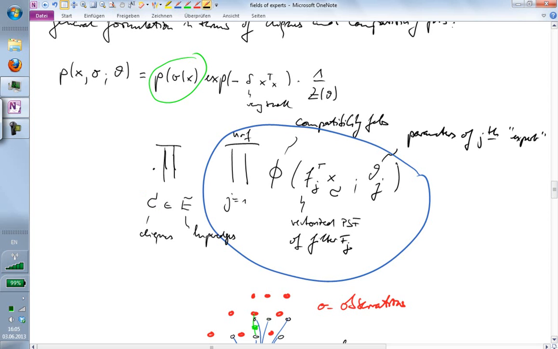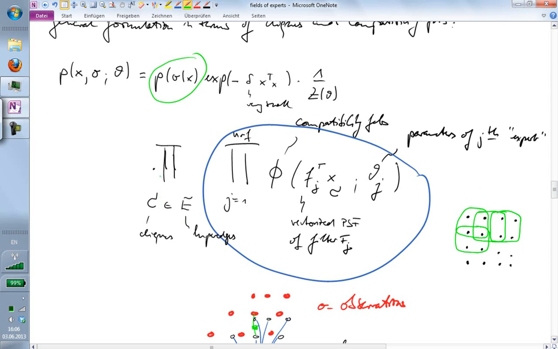If I show a different picture here, let's say these are the pixels in my image. Now it depends on what kind of filter I use. If I use a single filter which measures a derivative in a diagonal direction, say, or in an oblique direction, then this would be one clique, and that would be the next clique, and that would be the next clique, and so on. So I can fill my entire image with these cliques now. And actually, for each clique, there is not just one expert, but multiple experts.